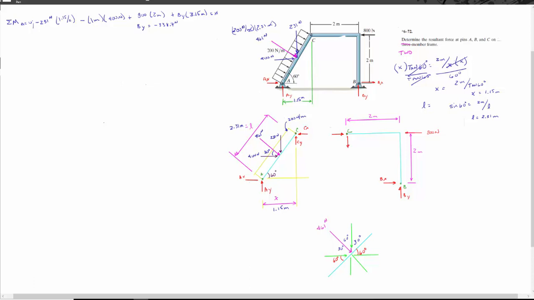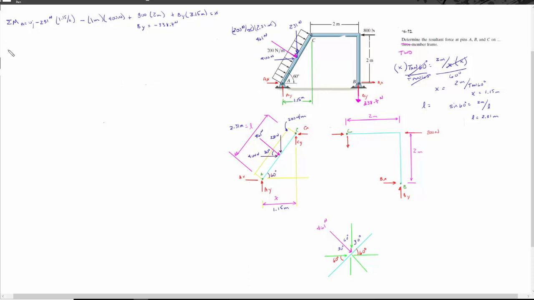Well, since it became negative 338.7 newtons, what you could do is come over here and say, alright, this is actually going in this direction at 338.7 newtons. It's actually going down. But there's another way we can do this.